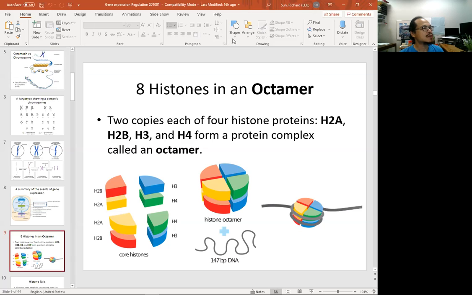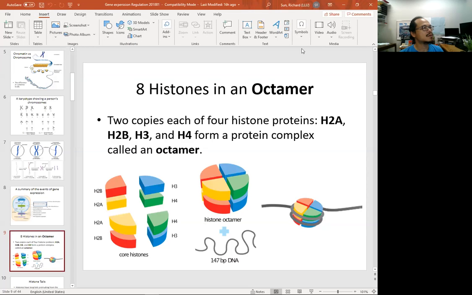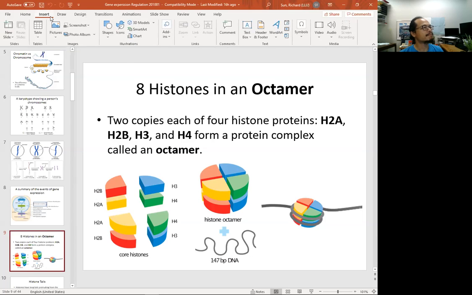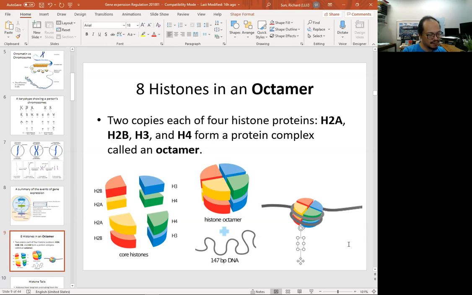I can write that. So that's the nucleosome right here.